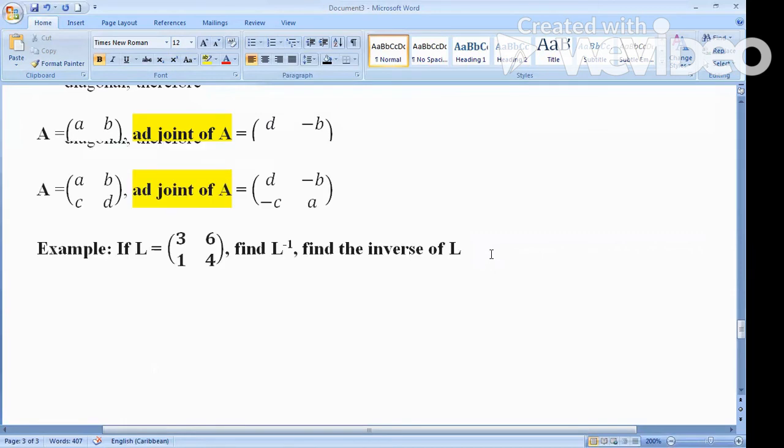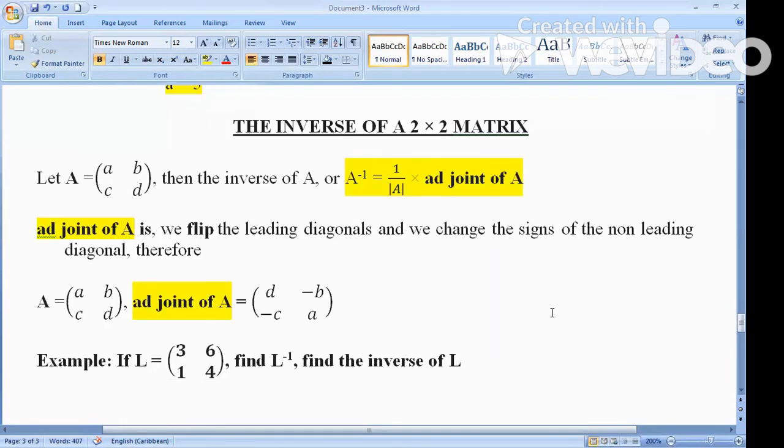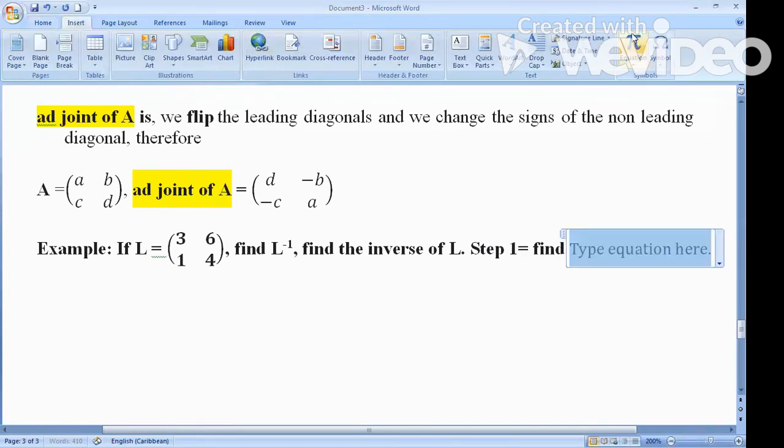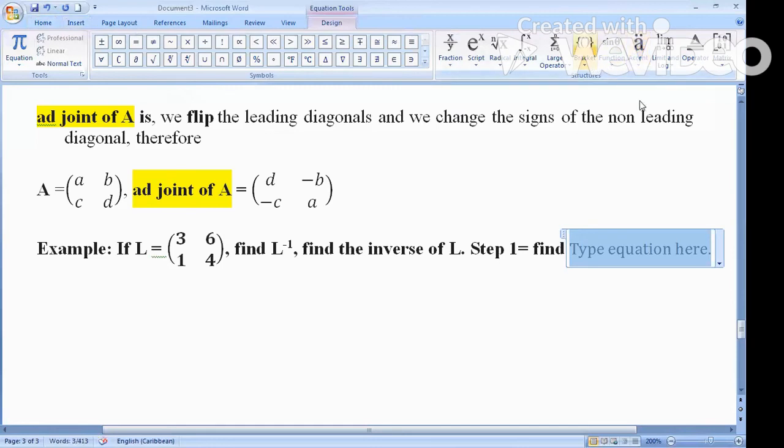So according to this formula here, step 1, what do we need to find first? The determinant of L.